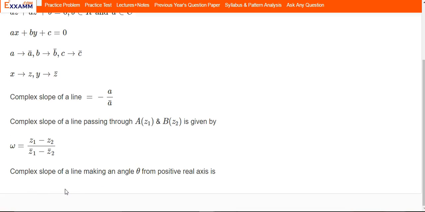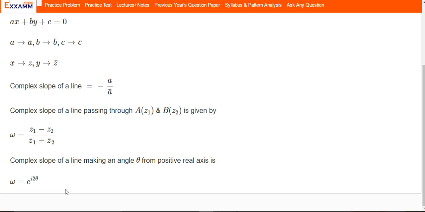The complex slope of a line making an angle theta with the positive axis, you can easily check, is equal to e to the power i theta. I am not going into details of this, but you should remember this particular fact.